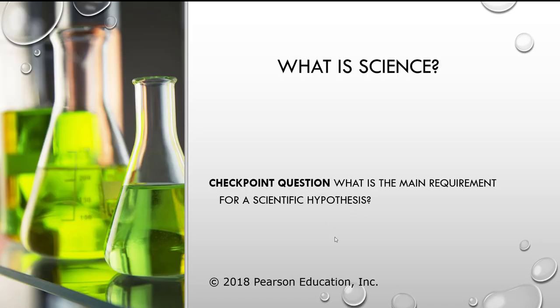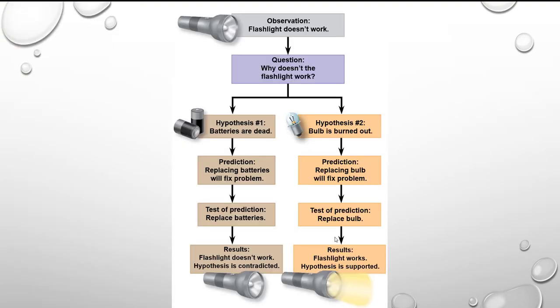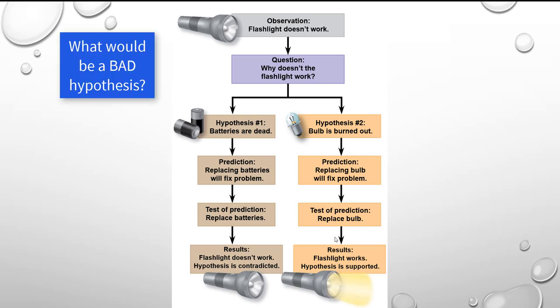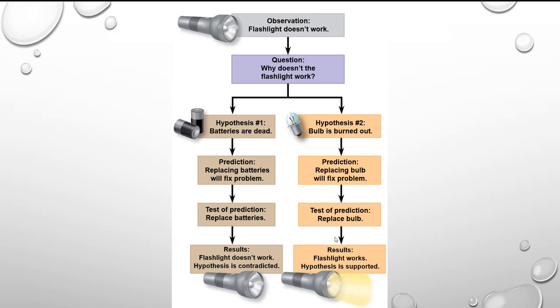So what is the main requirement for a scientific hypothesis? What do we need to do to create a good hypothesis? For example, if we go back to our last experiment, why doesn't the flashlight work? What is a bad hypothesis for that? That would be something that cannot be tested.